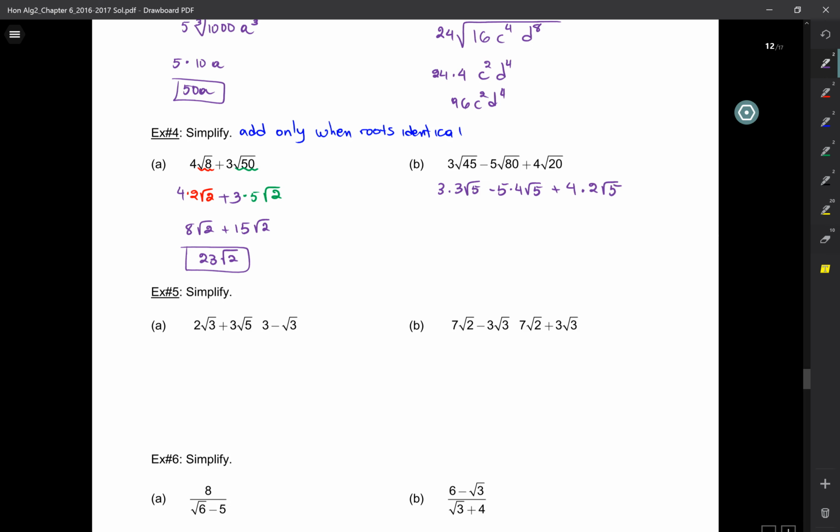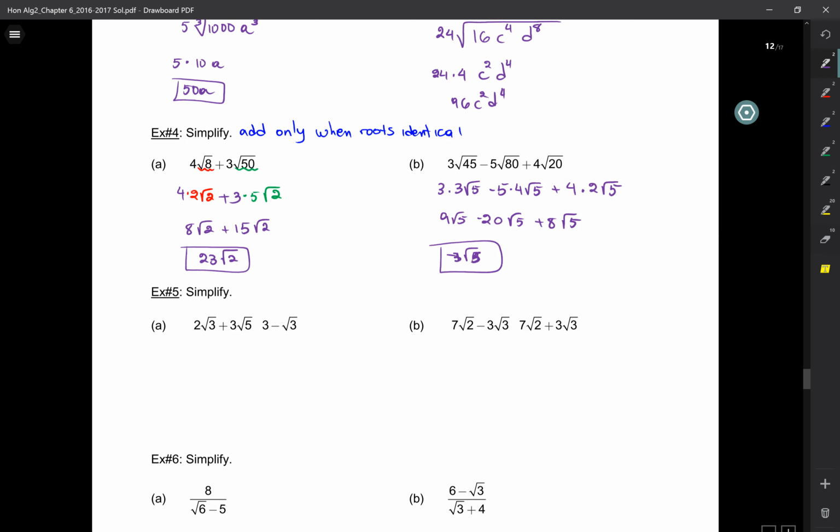So I have 9 root 5 minus 20 root 5 and another 8 root 5. 9 plus 8 is 17 minus 20. Negative 3 root 5. Okay.